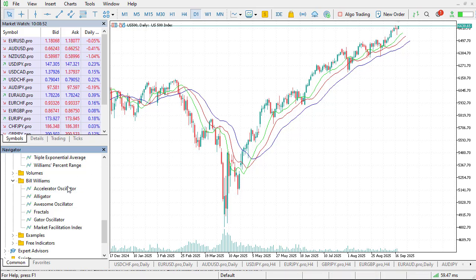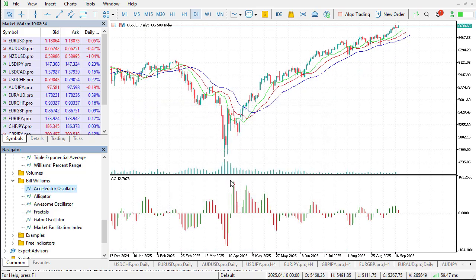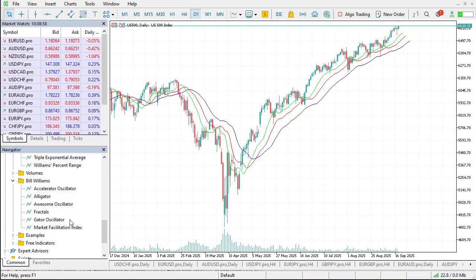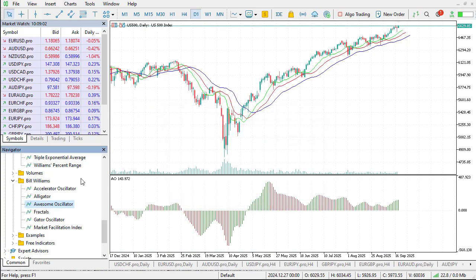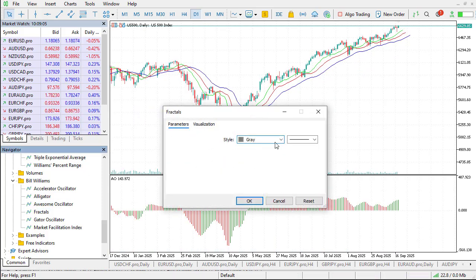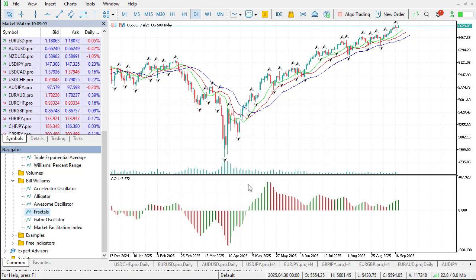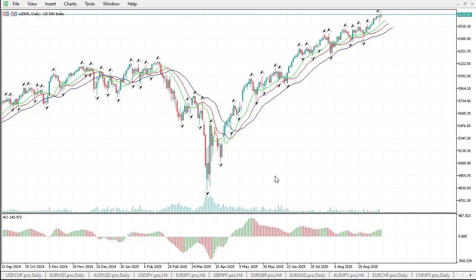I want to remove this. I want to use for now the awesome oscillator, and the fractals. I will choose black so you can see. And click F11. What is this strategy about? It's very simple.